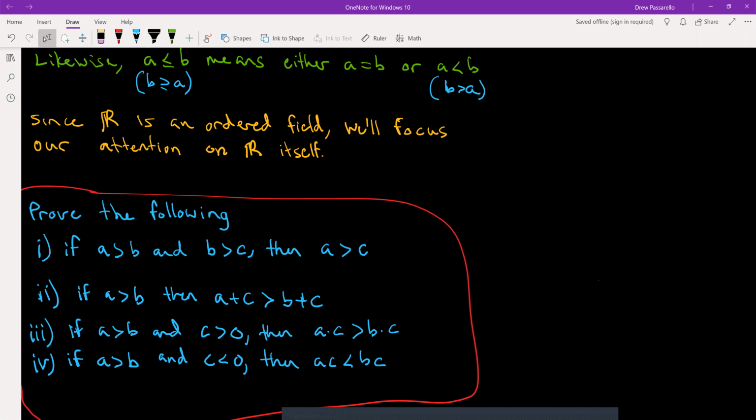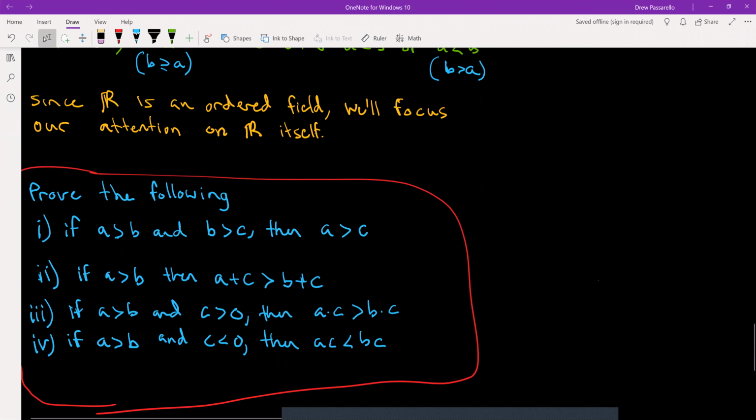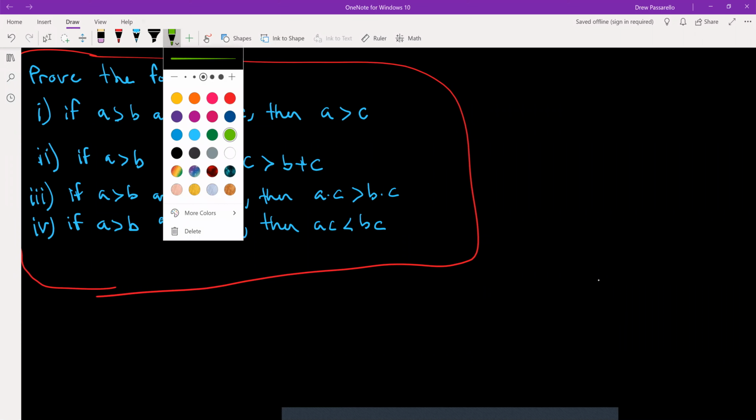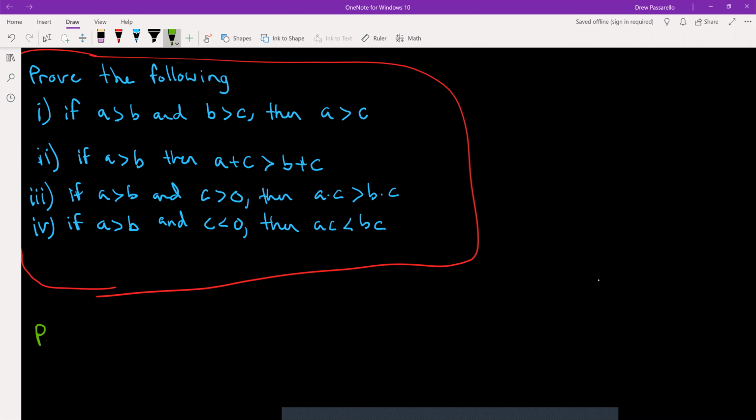So A, B, and C are real numbers, is what I'm saying. So for part 1, it says if A is greater than B and B is greater than C, then A is greater than C. So we're trying to prove that. For our proof, I'll usually write PF for proof. And this will be proof of 1.